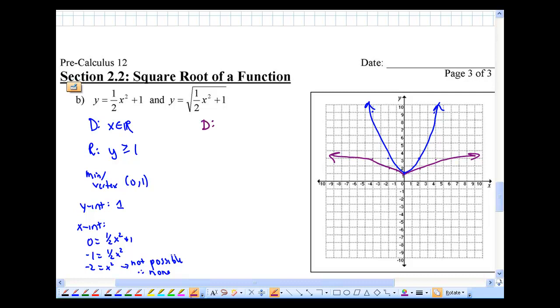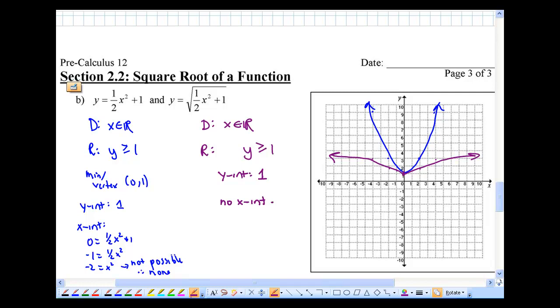Domain: in this case, still all real numbers. Range: looks like it's greater or equal to 1. Y-intercept is still 1 because that's my invariant point. No x-intercepts. Alright, great.